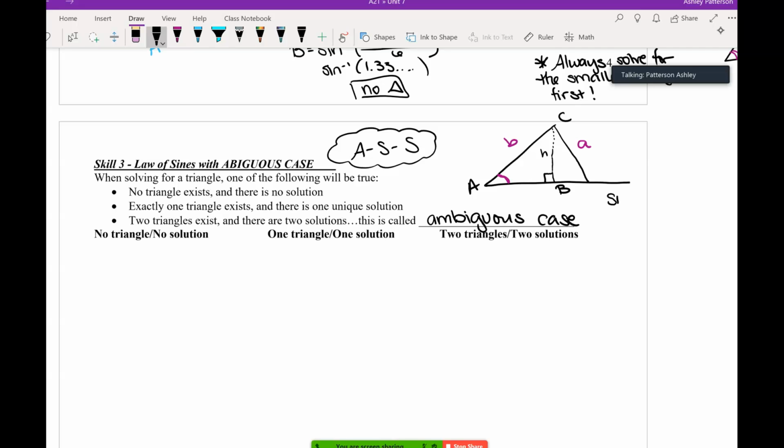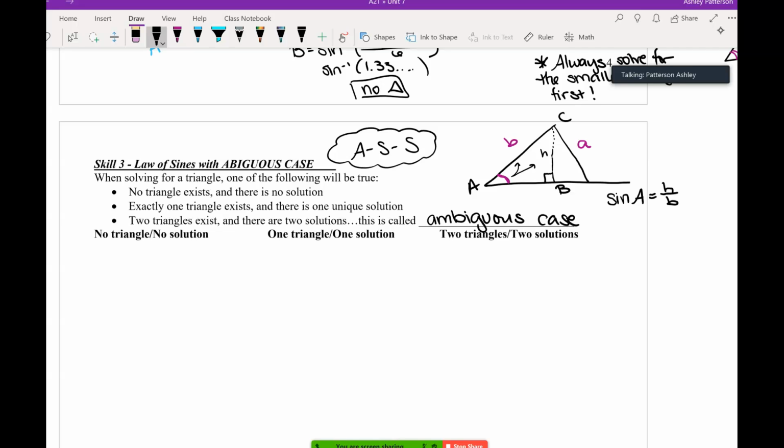Could I say that the sine of angle A is equal to the height over the base? Is that a true statement since I dropped the altitude? Can I say that? Is the sine of angle A equal to the height over the base in my generic triangle? Yeah, because we have the angle A, that's our given angle. And then it's equal to the opposite over the hypotenuse. So that's okay.